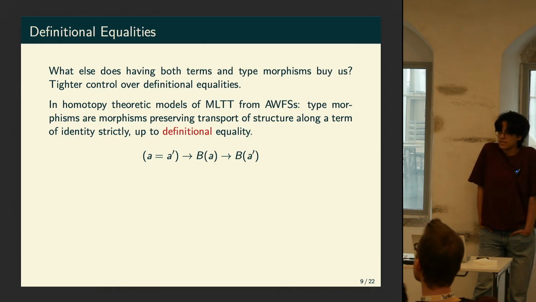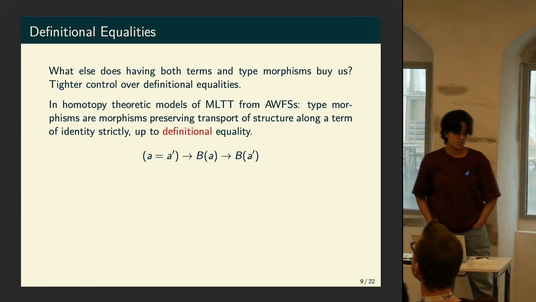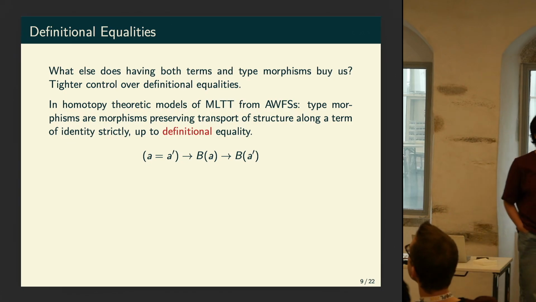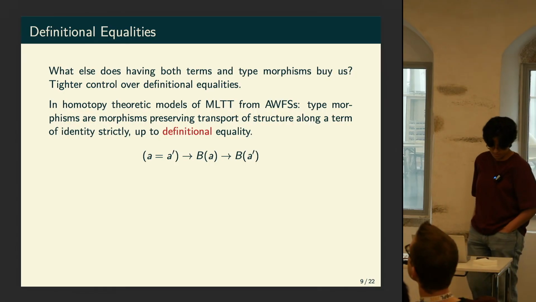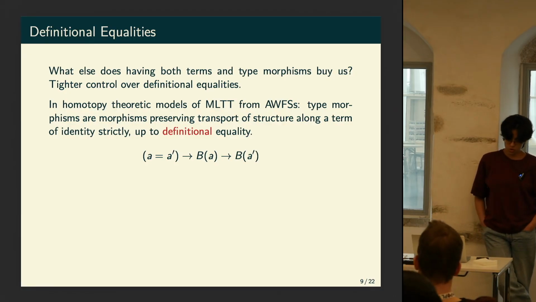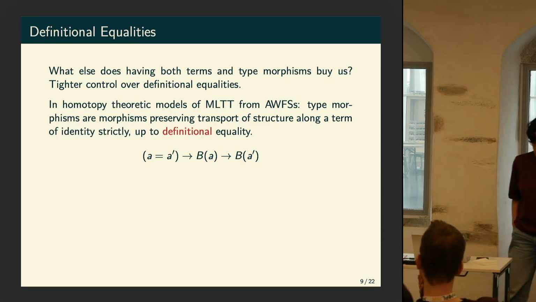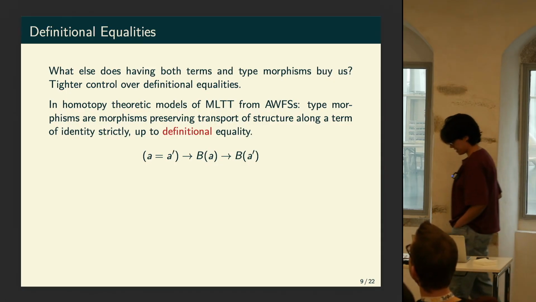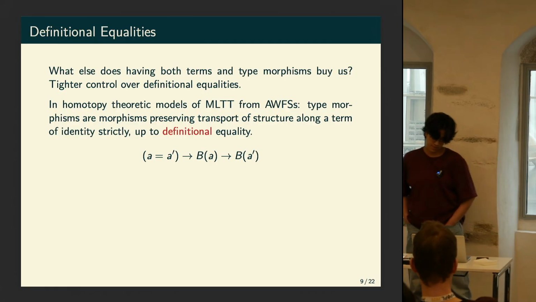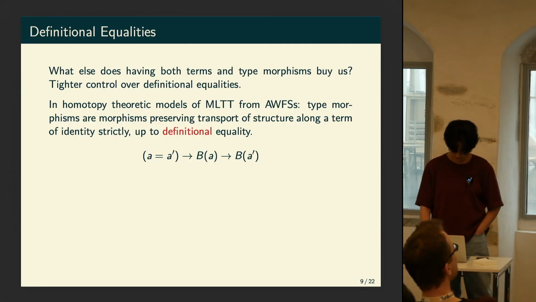In homotopy theoretic models of Martin-Löf type theory that come from algebraic weak factorization systems, these type morphisms, these vertical morphisms that I was showing you before, are special in a way: they preserve transport of structure along the term of identity up to definitional equality. So usually this would be only up to propositional equality, but these type morphisms are ones which preserve this up to definitional equality. And what does this mean?